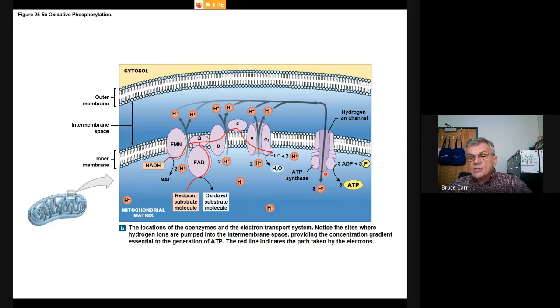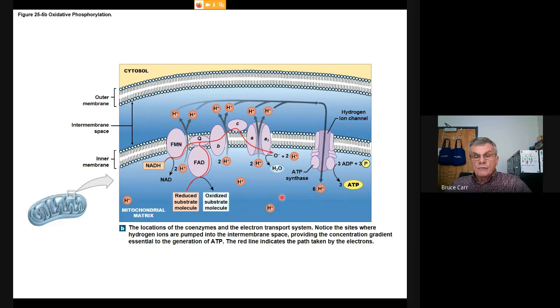When 6 hydrogen move back through the ATP synthase, that's enough energy to put 3 phosphate groups on 3 ADPs and make 3 ATP. So if you look at the NADH alone, you pump 6 hydrogen and you make 3 ATP. If you look at the FADH2, you only pump 4 hydrogen, and that allows a net of 2 ATP over here. So this completes our picture.